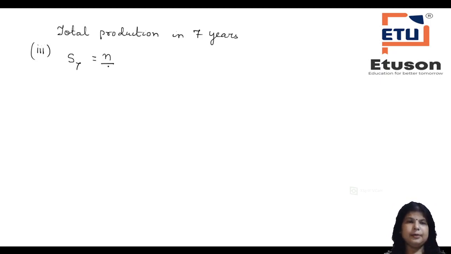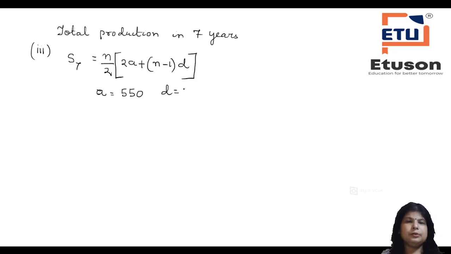The formula is n by 2, because we don't know the last term, so we can use n by 2 into 2a plus n minus 1 into d, right? Here a is equal to 550, d is equal to 25 and n is equal to 7. So can we find S7 now?